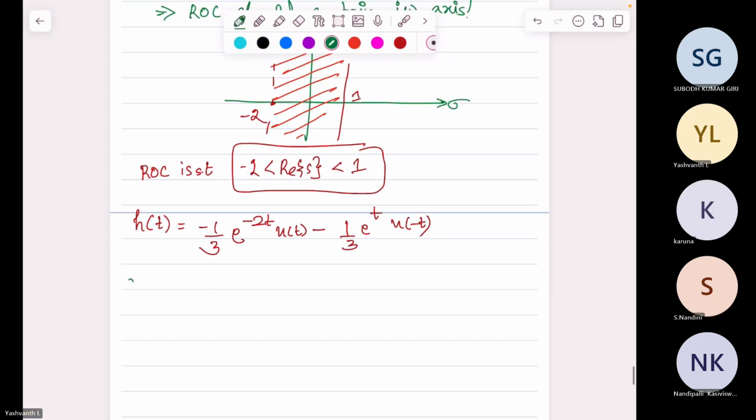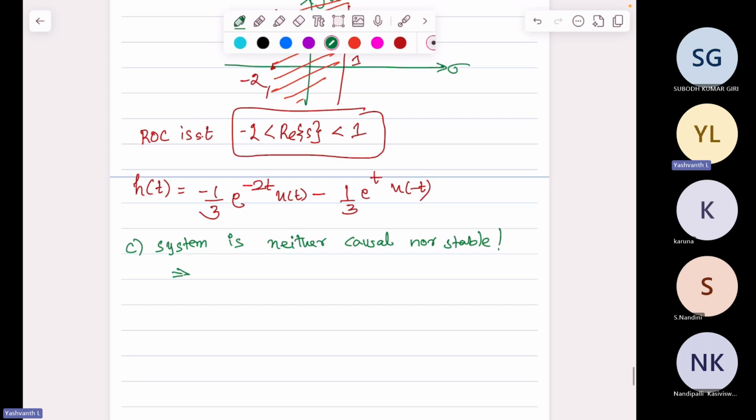Finally, the system is neither causal nor stable. That means what? It should not be causal. It should not be stable. No stability means ROC should not include the j omega axis.